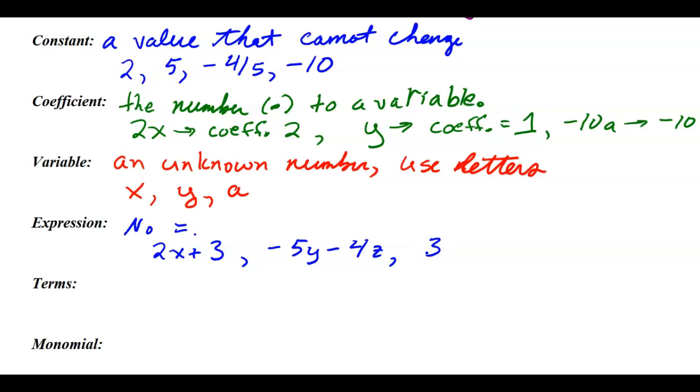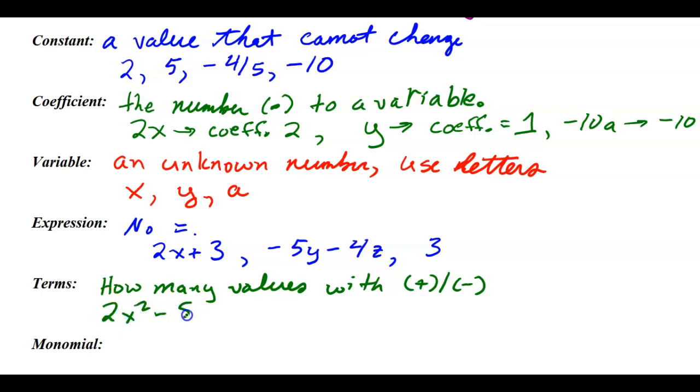Okay. Terms is how many values with plus or minus. So if I say 2x squared minus 5x minus 10, then since there are 3 values with plus and minus, there are 3 terms.